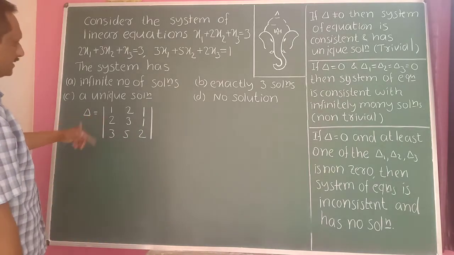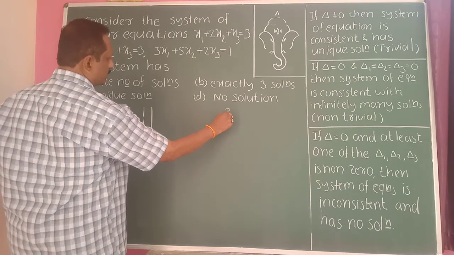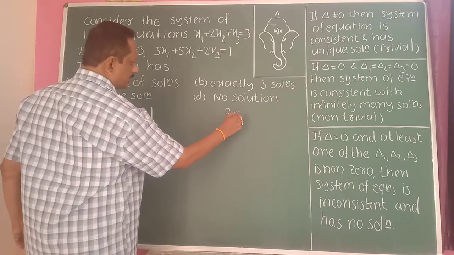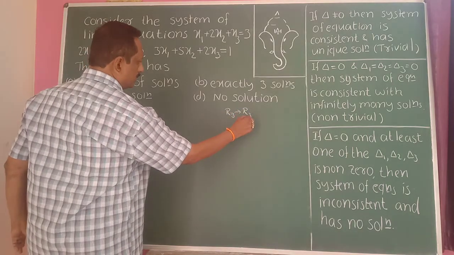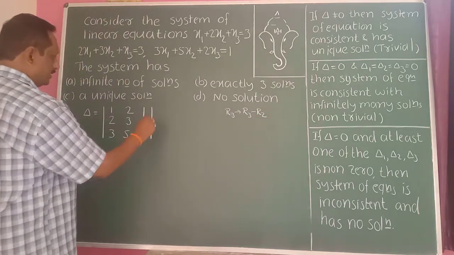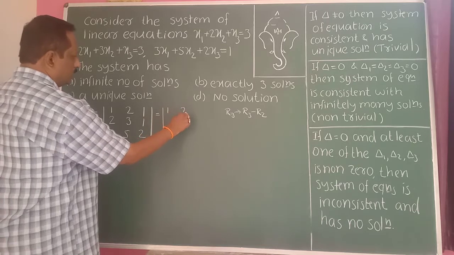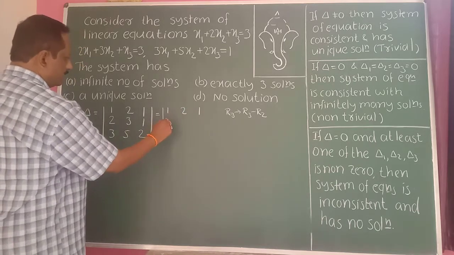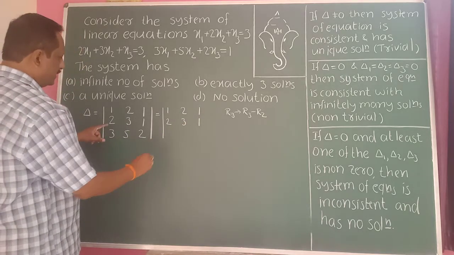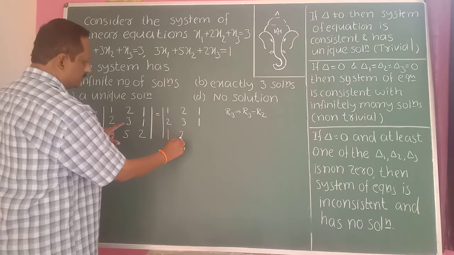Then you just subtract here. Okay. So R3 minus R2 gives this equal to 1, 2, 1, then 2, 3, 1. 3 minus 2 gives 1 here. 5 minus 3 gives 2.